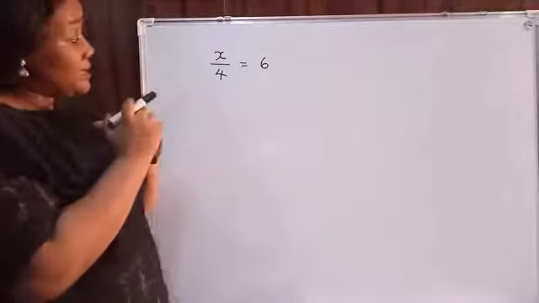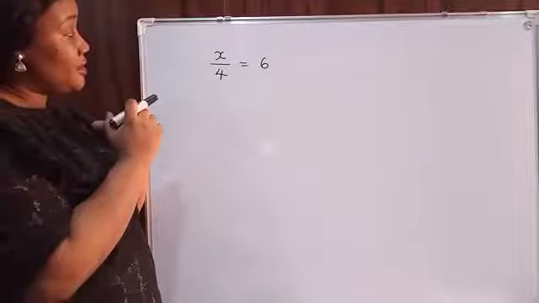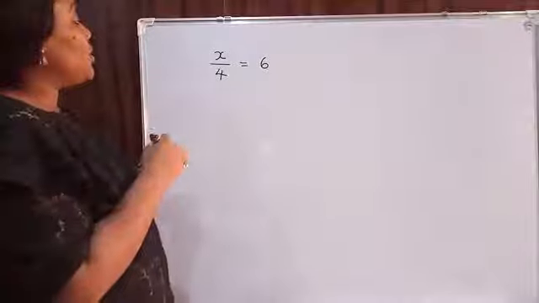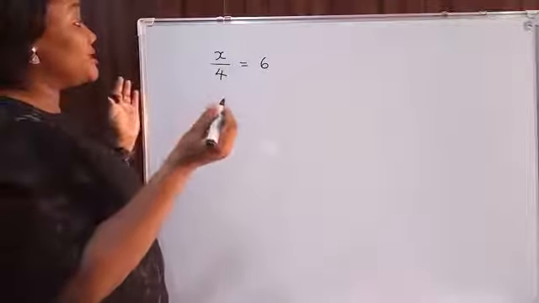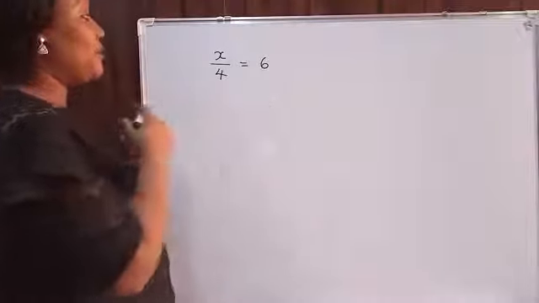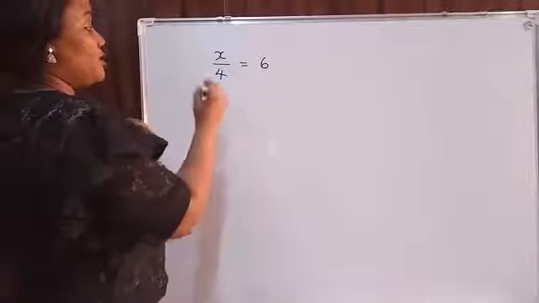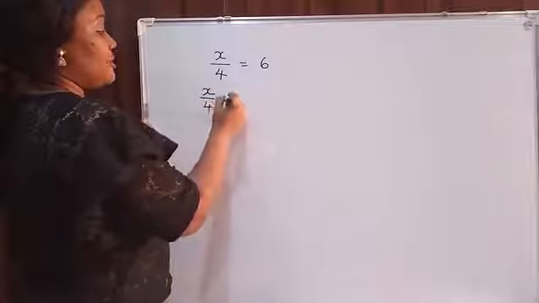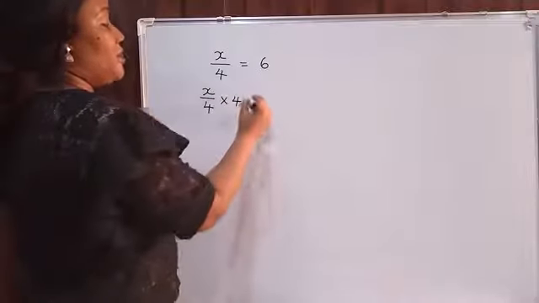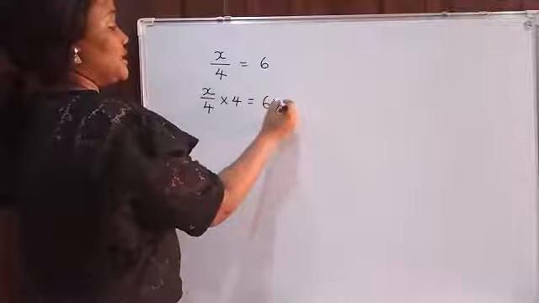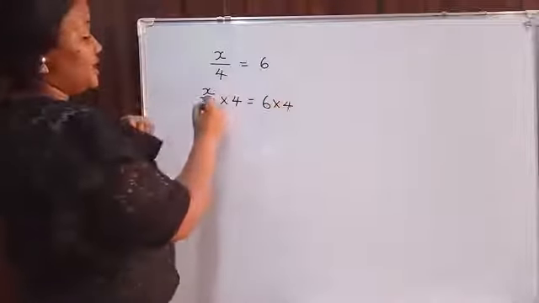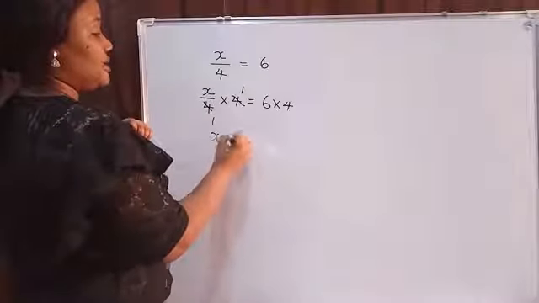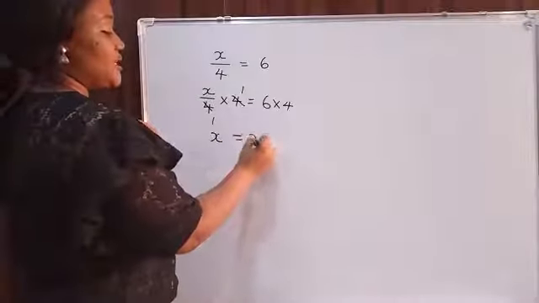So how do we isolate it this time? Trying to make the coefficient of x 1. So you can start by multiplying both sides by 4. So you have x over 4 times 4 equals 6 times 4. This 4 cancels out. You have x equals 24.